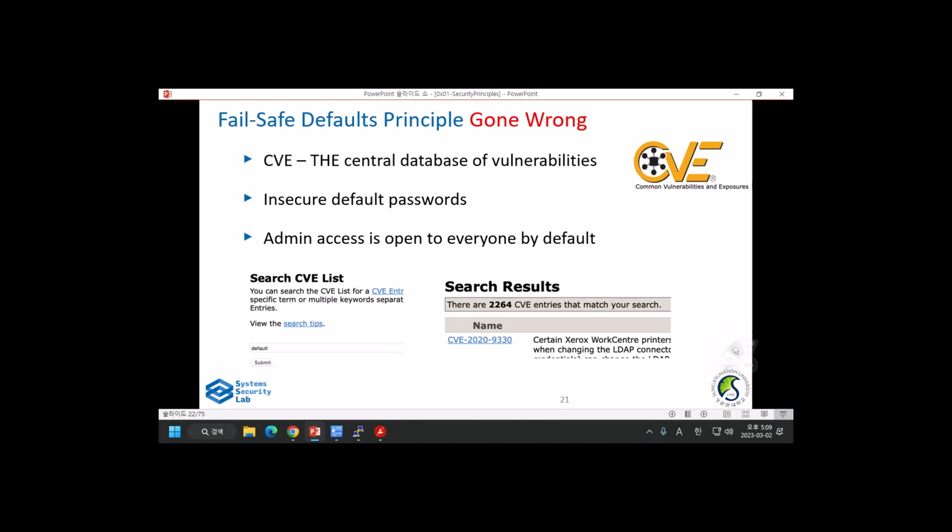It's got billions and billions of vulnerabilities. This is where all the vendors and manufacturers report the vulnerabilities they found, and they register that to this database. So all vulnerabilities that we know are registered in this database.